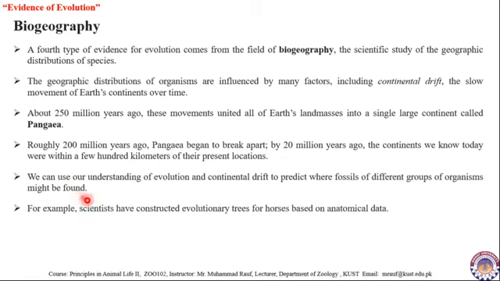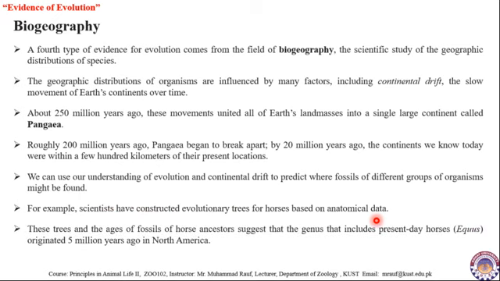For example, scientists have constructed evolutionary trees for horses based on anatomical data. These trees and the ages of fossils of horse ancestors suggest that the genus that includes present day Equus originated 5 million years ago in North America.